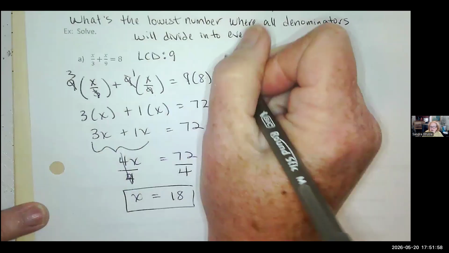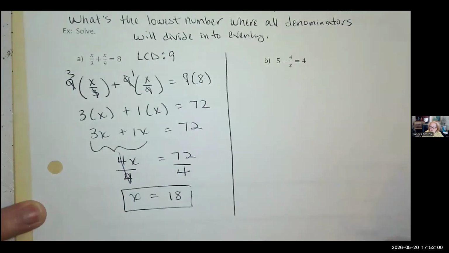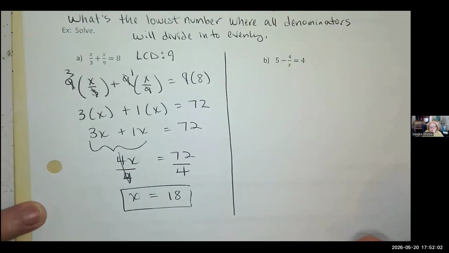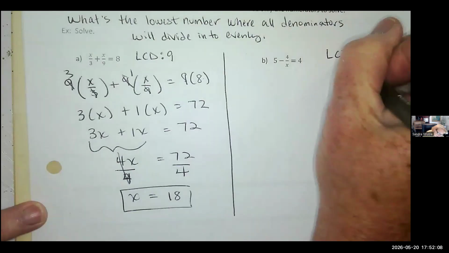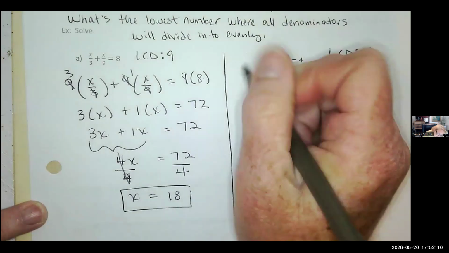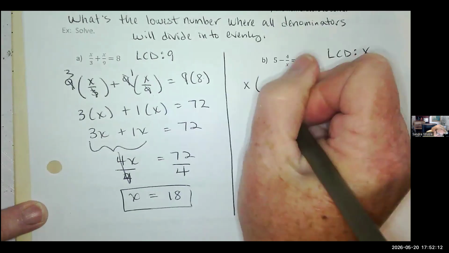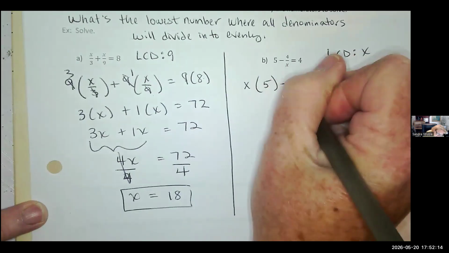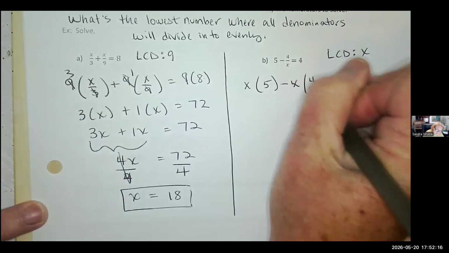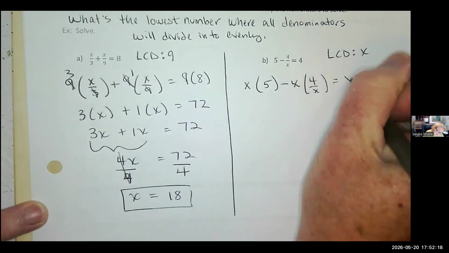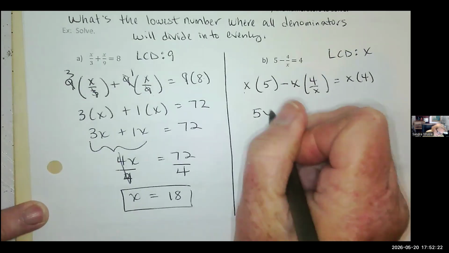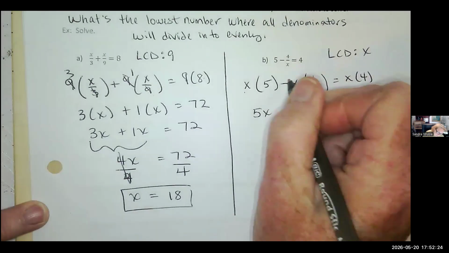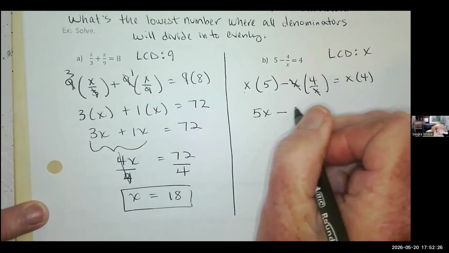The next one is 5 minus 4 over x is equal to 4. There's only one denominator, so it's pretty darn easy to find out what our LCD is. It is x. So I'm going to multiply every single term by x. x times 5 is 5x. Constant goes in front. These reduce, and you're left with the negative 4 equals 4x.